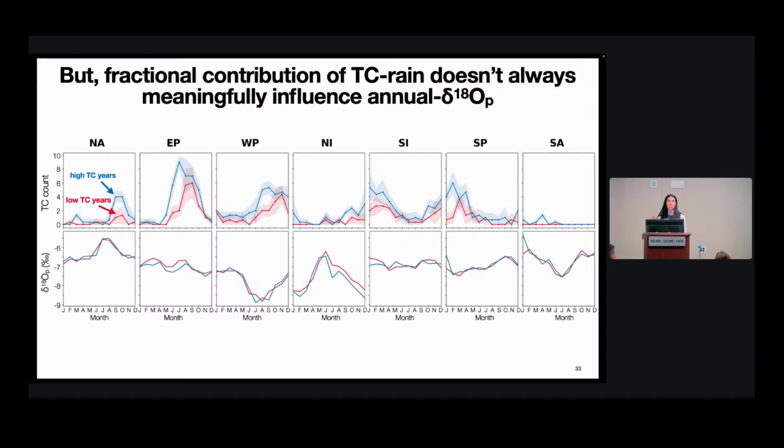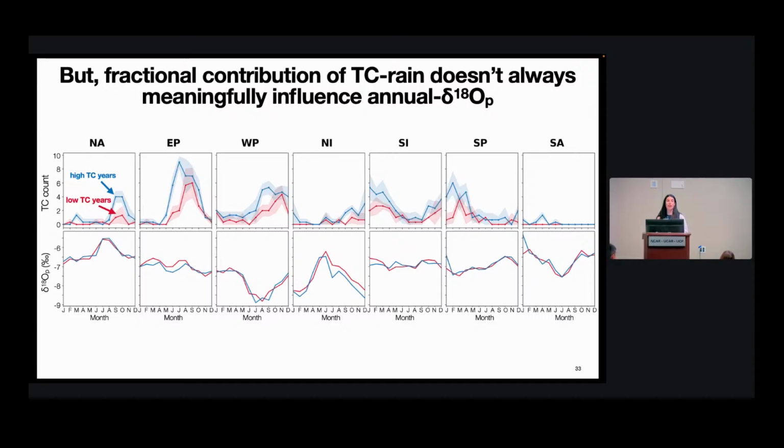High TC years are in blue and low TC years are in red. Then I plotted the mean annual delta 18OP for these years with the same colors. You can see that even if there is a difference in TC counts between high and low years of 8 or more, this doesn't seem to be bearing out in any kind of meaningful differences in the annually integrated signal.